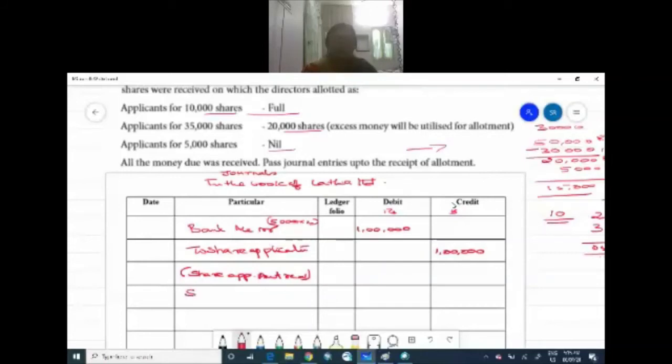Actually, how much should go? Share application account debit to share capital account.